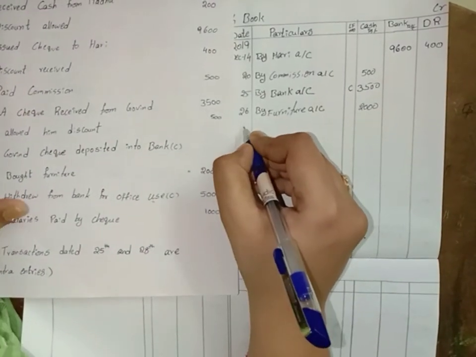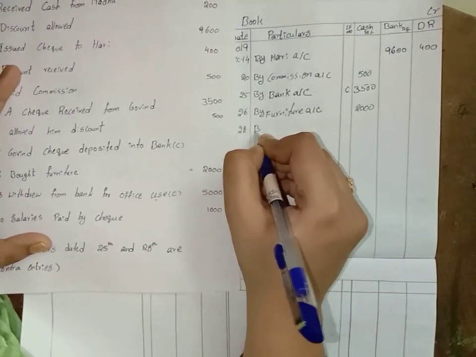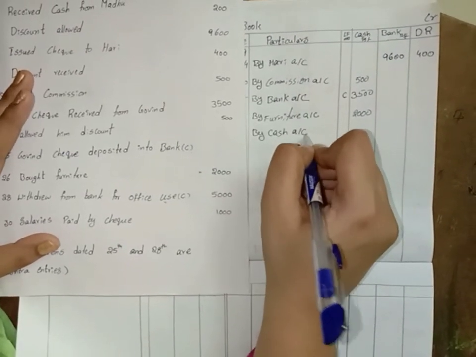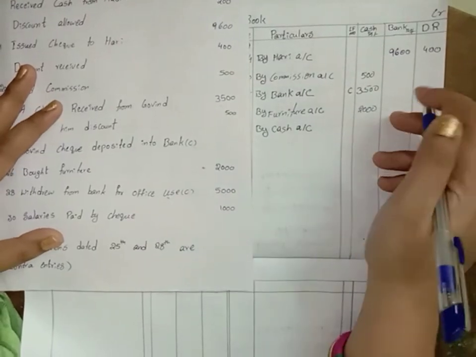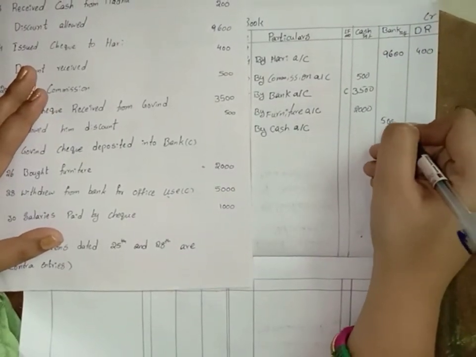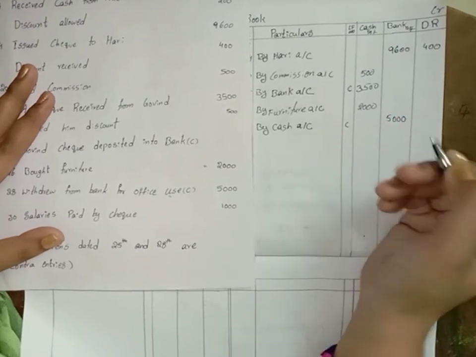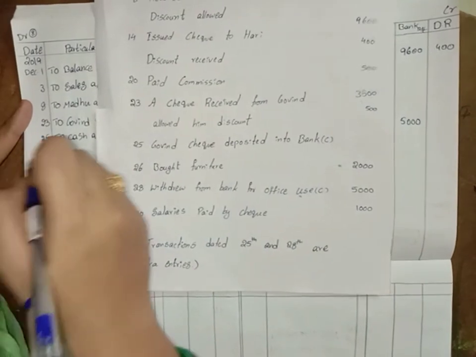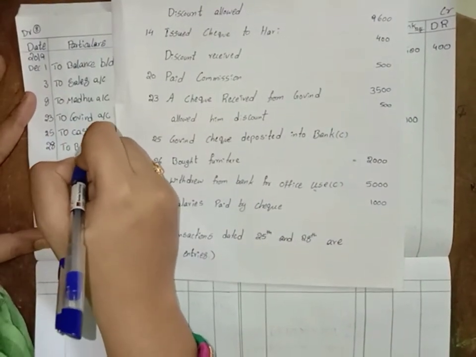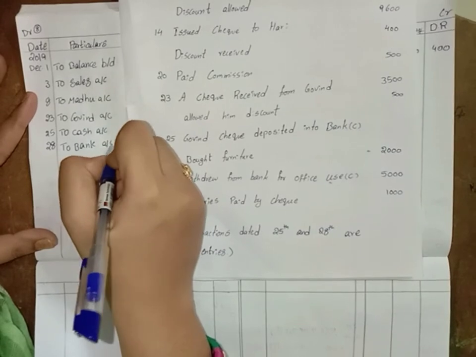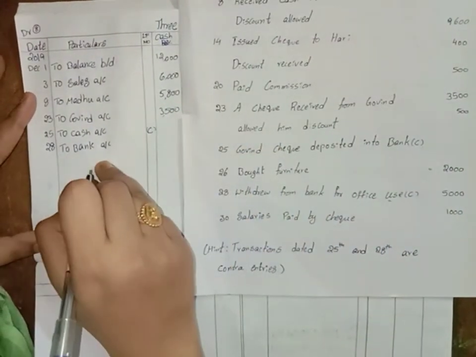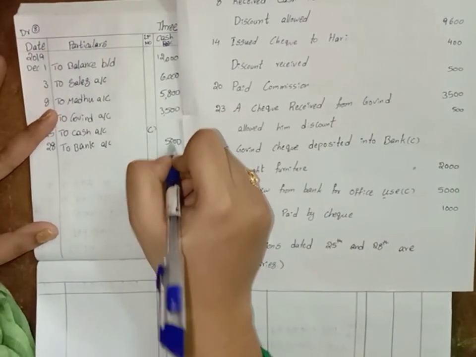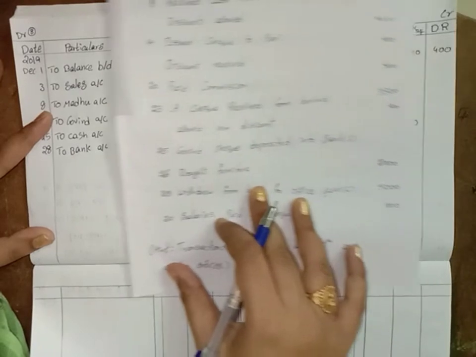On 28th, by cash account, we write it in bank column, contra entry. And to bank account, we write it in cash column 5,000. So this is a contra entry.